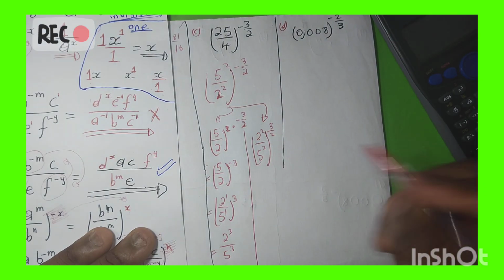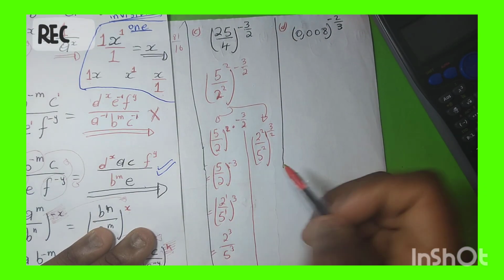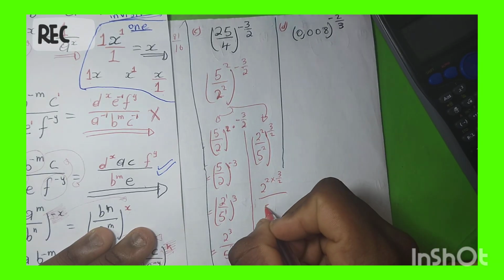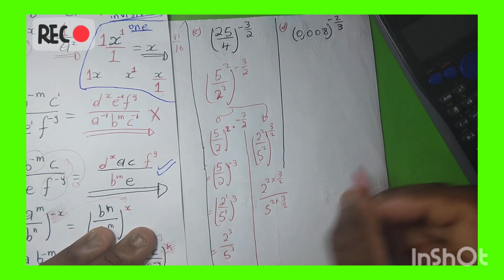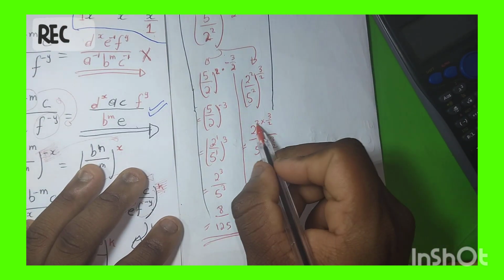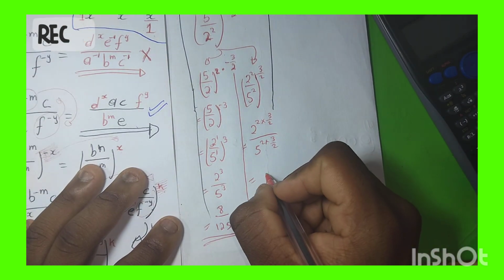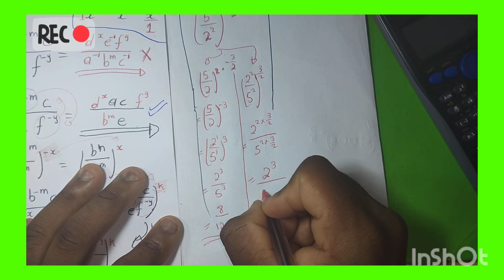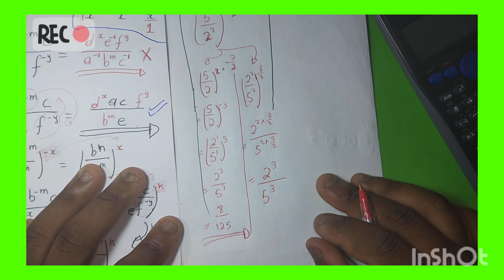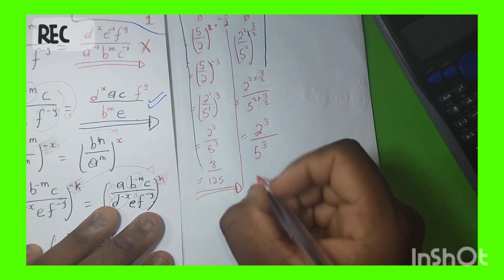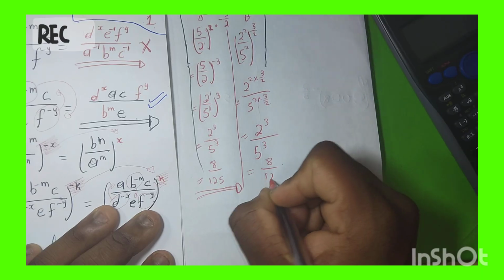And an exponent outside a bracket will multiply each exponent inside the bracket like this: 2 multiplied by 3/2, and 5 multiplied by 3/2. So when these two multiply, I will only get 3. Even here, they will only give me 3. Do you see? So this is still the same as that, meaning my final answer should be the same answer.